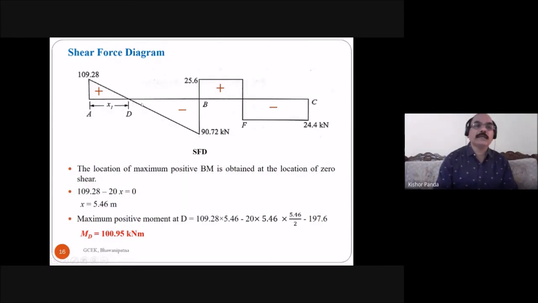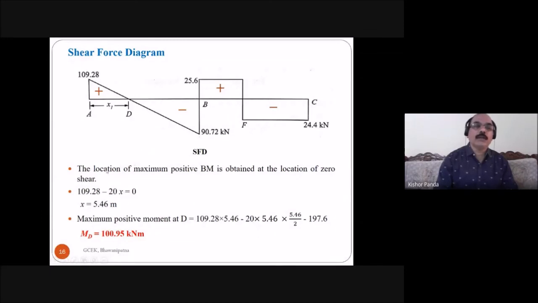You can find this by using similar triangles, because you know this total length is 10 meter, and this is x and this is 10 minus x. So by taking the similar triangle, 109.28 divided by x is equal to 90.72 divided by 10 minus x, then you will find the position of the zero shear force.